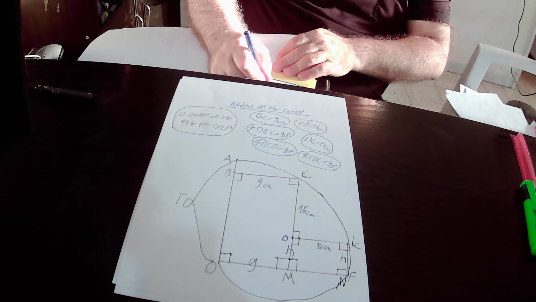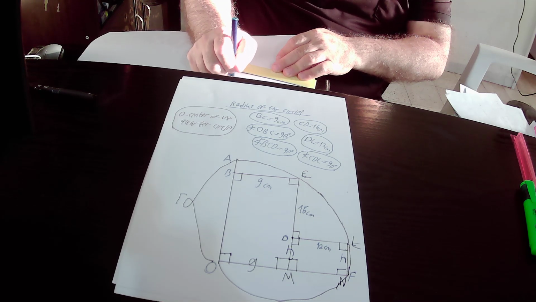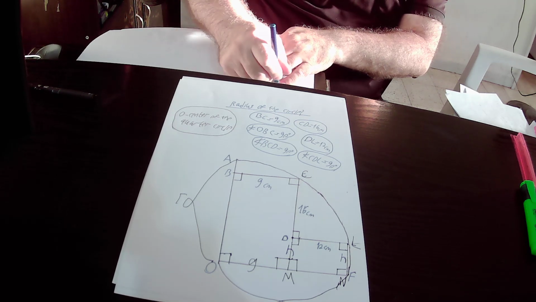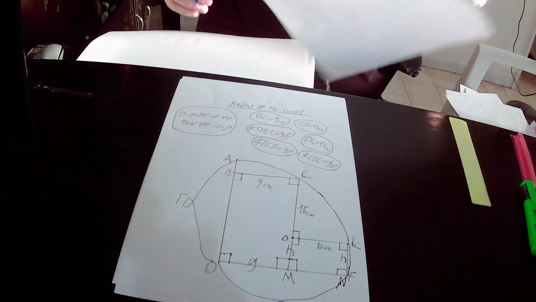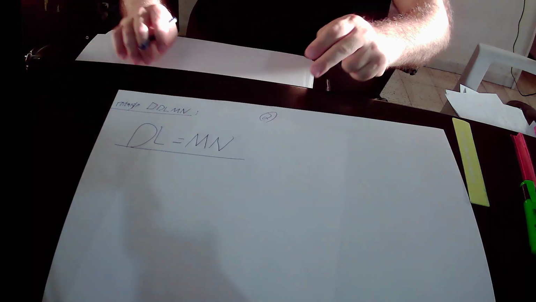Repeat again, in rectangle DLMN, side DL must be equal to side MN.